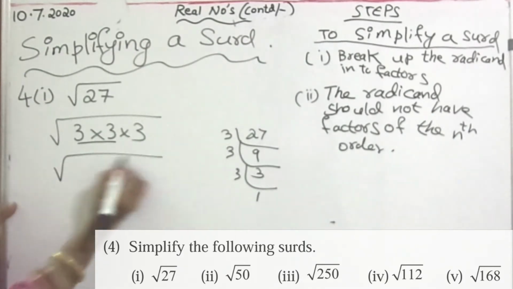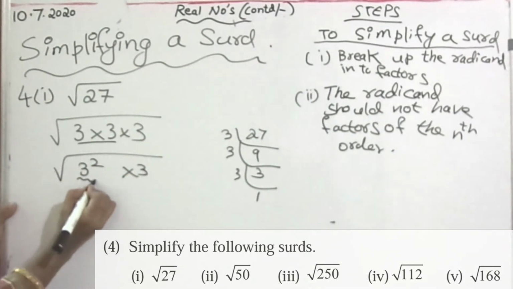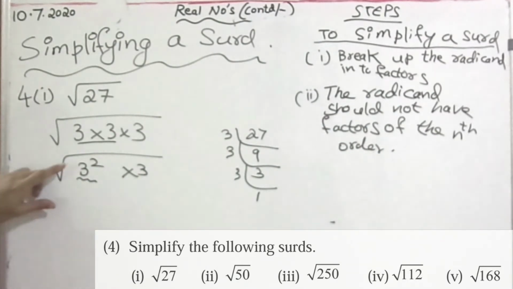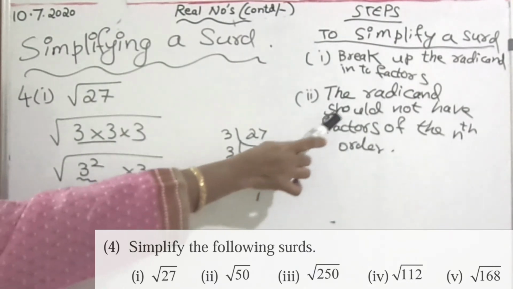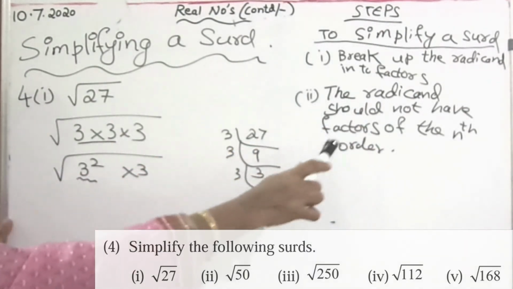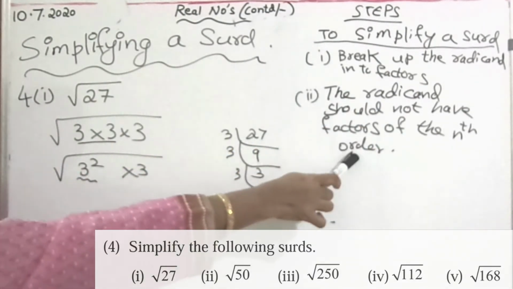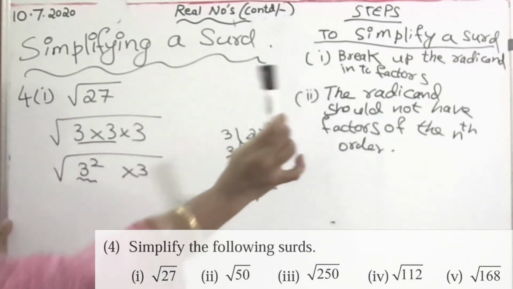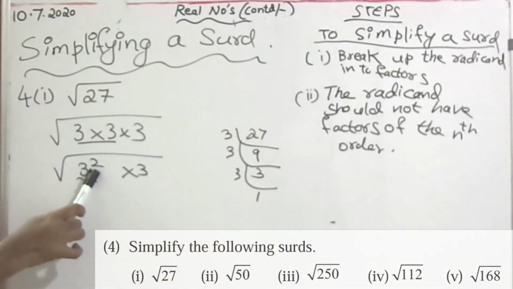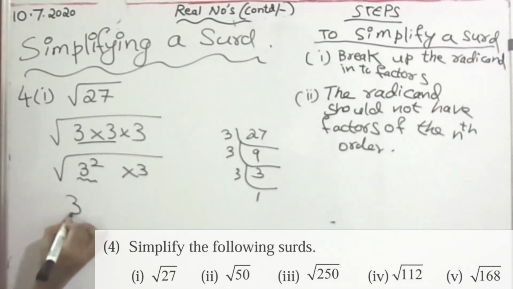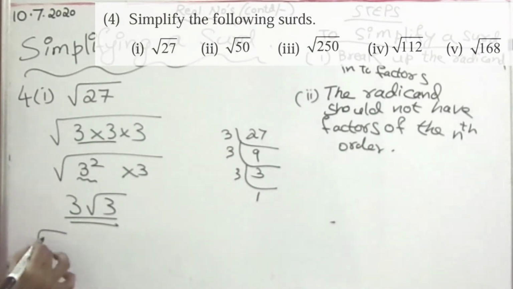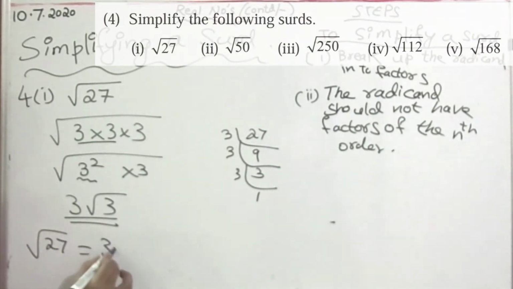So we can write 3 root, square into 3. This can be removed because here the root and the power are the same. That is what we mean by the radicand should not have factors of the nth order. So the order is 2, so if a factor's power is 2, it should be removed. When you remove this, it gets simplified. Now our surd is simplified. Root 27 is simplified to 3 root 3.